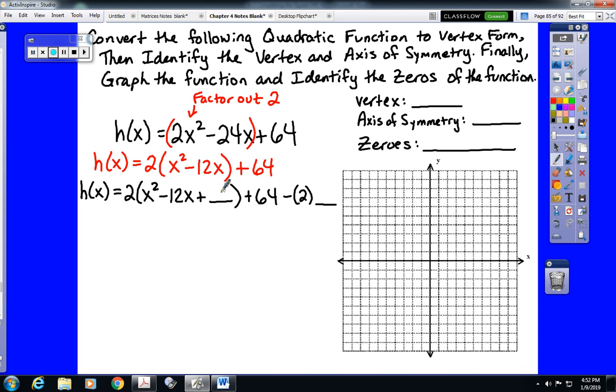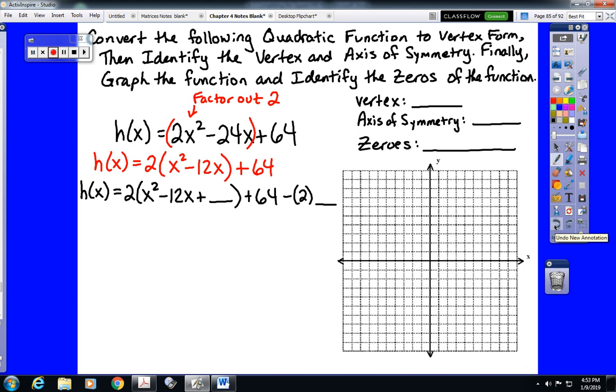So we haven't added, say, 15 here. We've added 15 times 2, or 30. So when we add this much, we have to make sure to subtract the same amount. So if we have an a value here, that has to be the same value in front of this blank to keep the equation balanced.